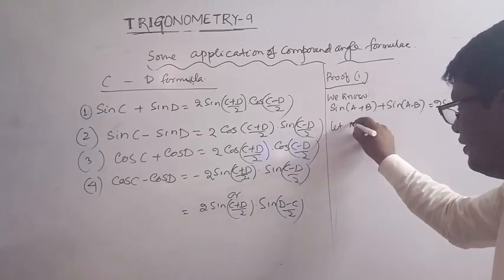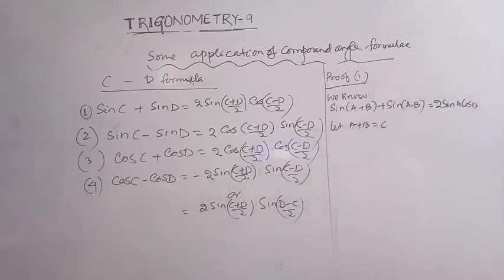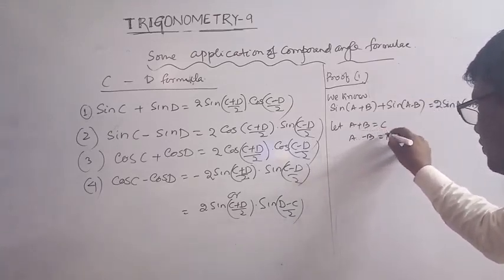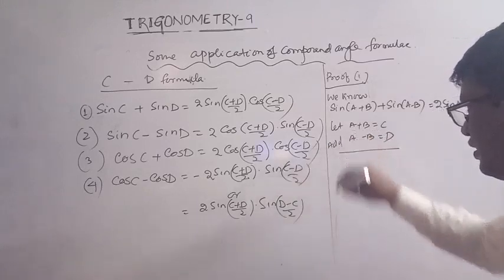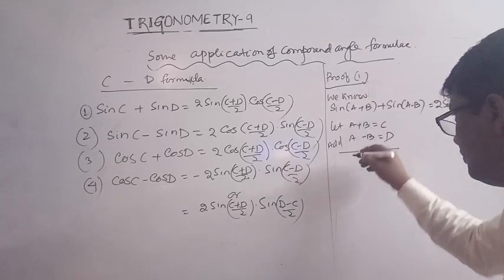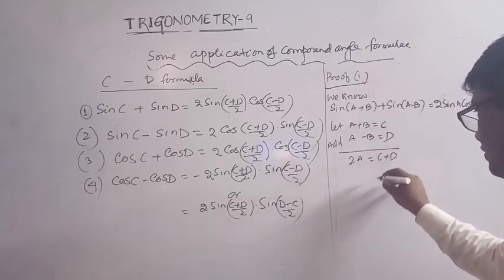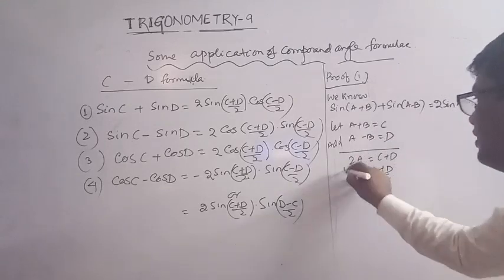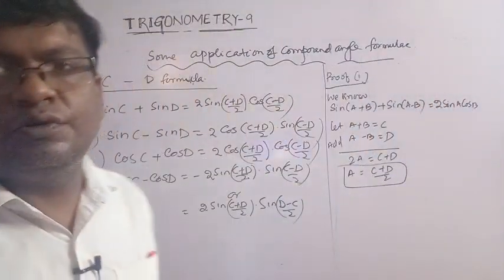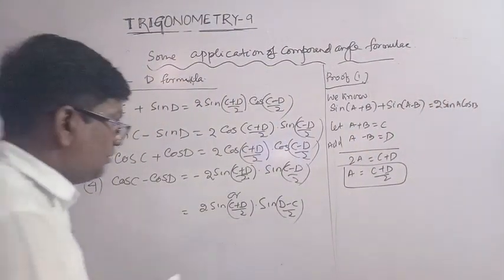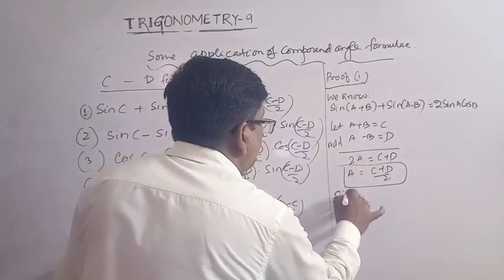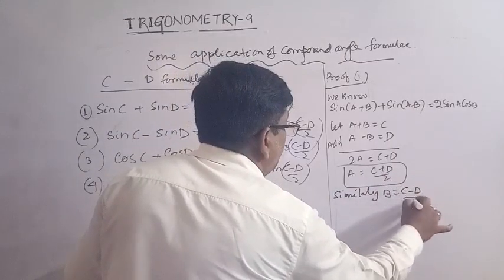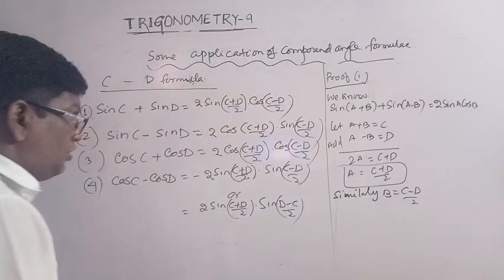Let A+B be equal to C and A−B be equal to D. Add these. B cancels, so 2A is equal to C+D and A is equal to (C+D)/2. Similarly, B is equal to (C−D)/2.